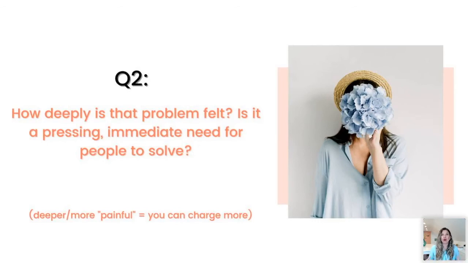If they're really struggling with their body, maybe it's giving them physical pain, or they're not able to keep up with their day as they wish they could. It's sort of like this cloud over their life every single day. Well, they're going to be much more willing to pay more money to solve that problem because it is so pressing for them, as opposed to a nice to have, right?